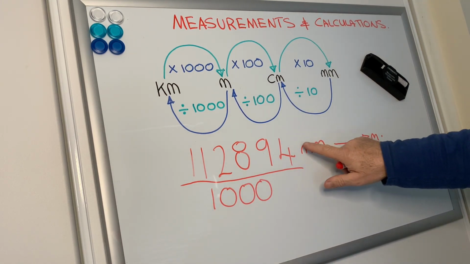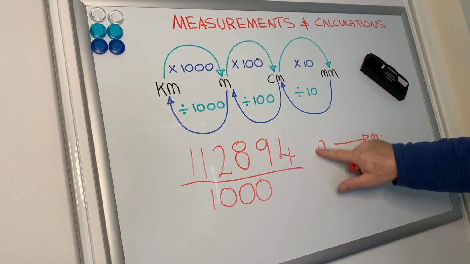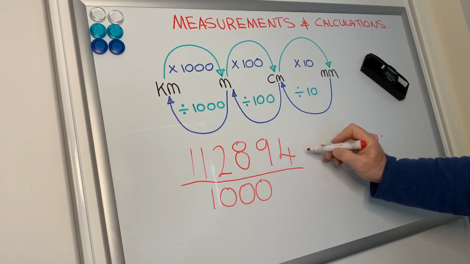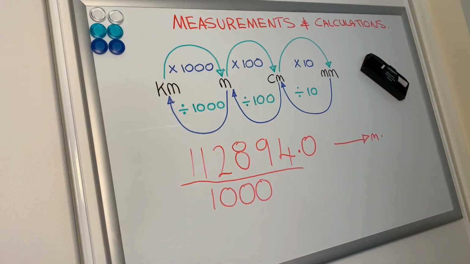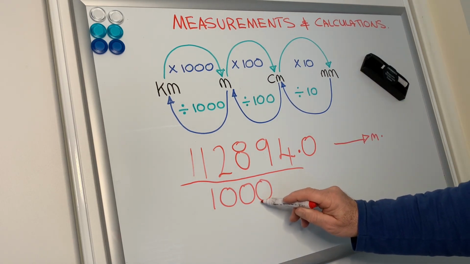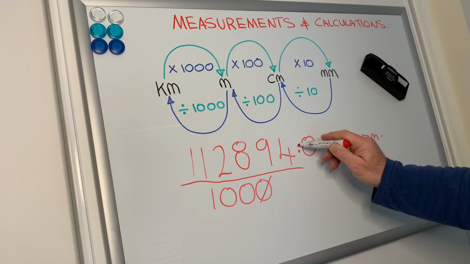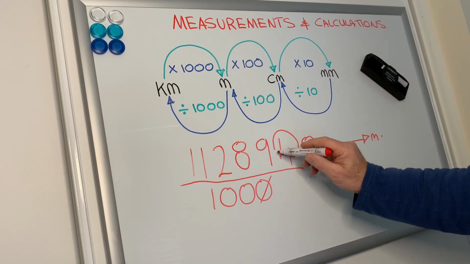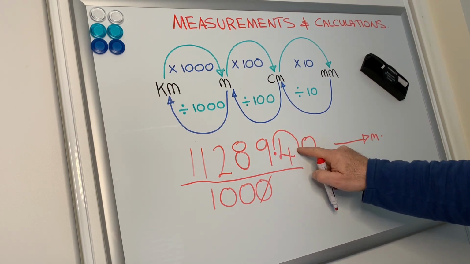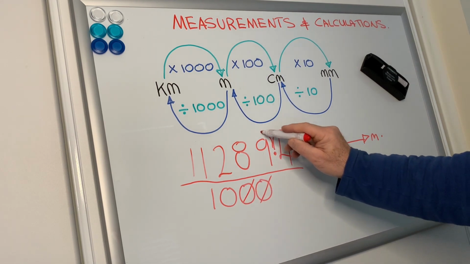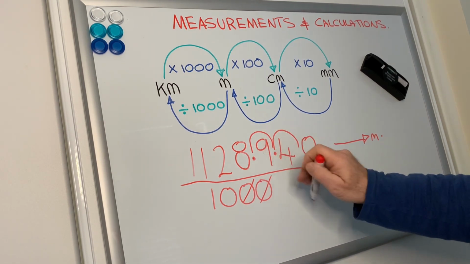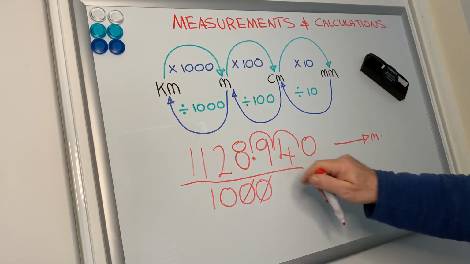And again, let's say we take out this millimetres, just to make it simple. Let's put the 0 there. Again, the same thing. We cross the 0 out, and we move that decimal point to there, put the decimal point in there, and we take it out there. We cross this 0 out, and then we move the decimal point over, put the decimal point there, and cross this one out.